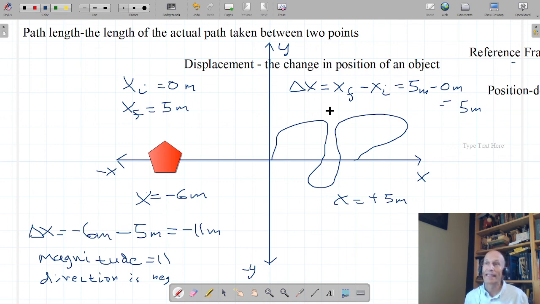One last thing, this xi, xf, initial and final, those are not universally used. It is also possible that, let me erase a little bit of stuff here. I'll just write over here. Final could also be written as x, and initial could be written as x with a sub-zero.